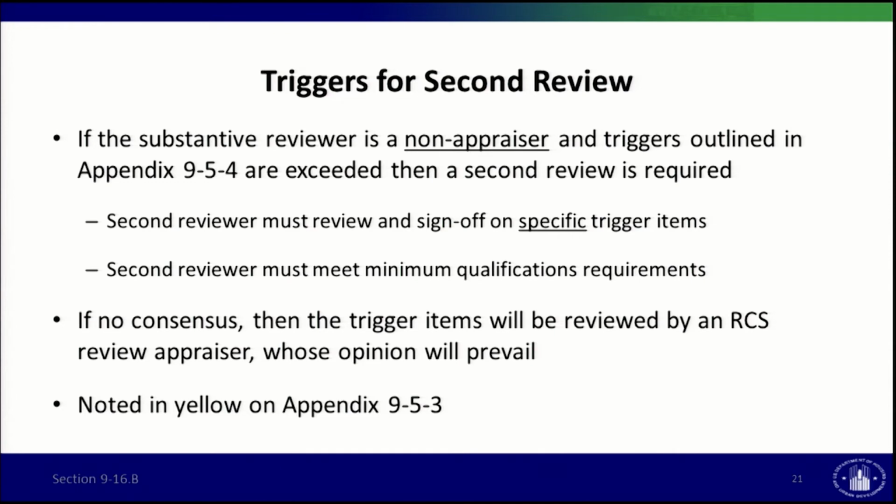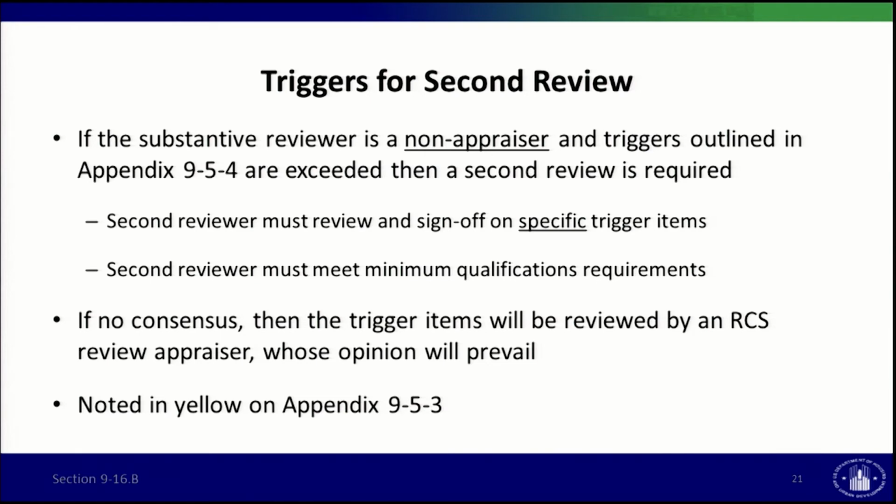In the rare instance where you, the substantive reviewer, are a non-appraiser and the triggers identified in Appendix 954, those ones in yellow, are exceeded, then a second review is required. The second reviewer must review and sign off on the specific trigger items.